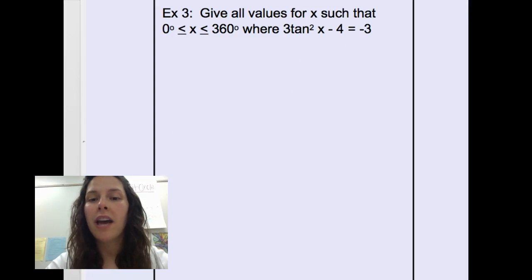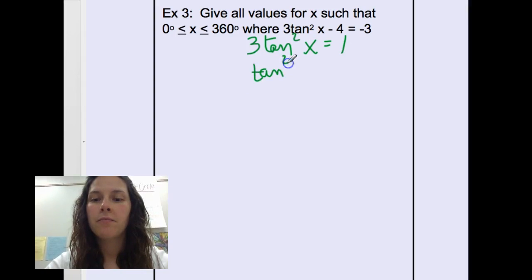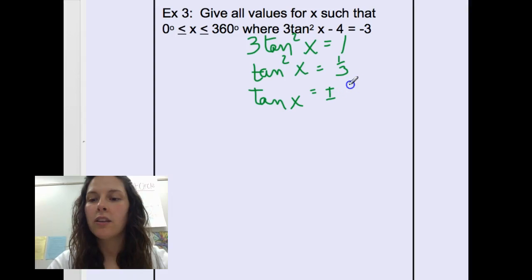So again, starting by adding that 4 to both sides, dividing both sides by 3, and taking the square root of both sides, positive or negative 1 over the square root of 3. So when we rationalize that, we get positive or negative square root of 3 over 3.